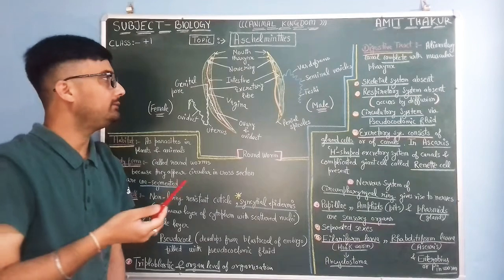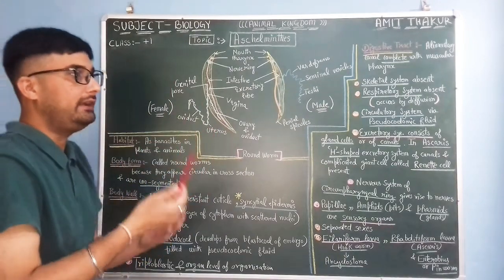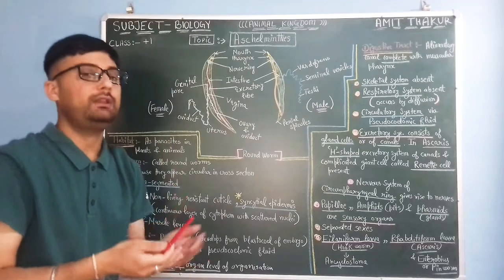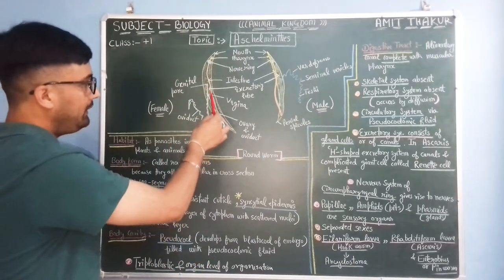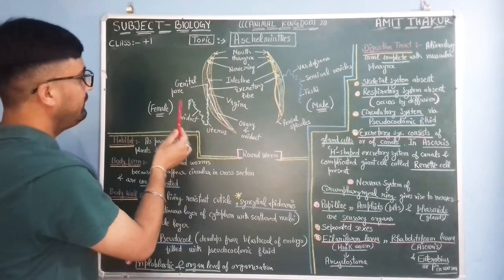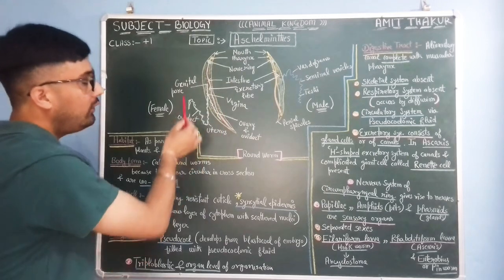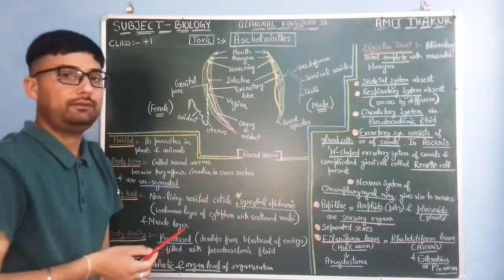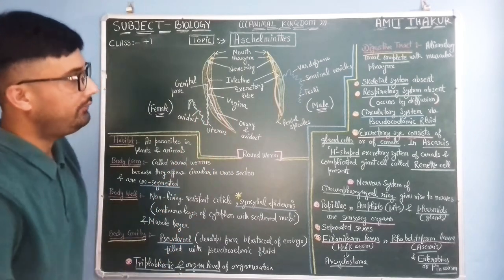Although some of the systems like the skeletal system and respiratory system are absent. And reproductive systems, vagina, ovary, oviduct, uterus, and genital pore, all the parts of the reproductive system are present, both in male and female.